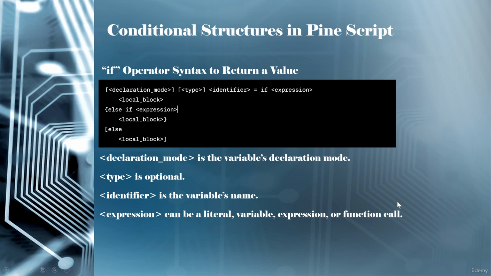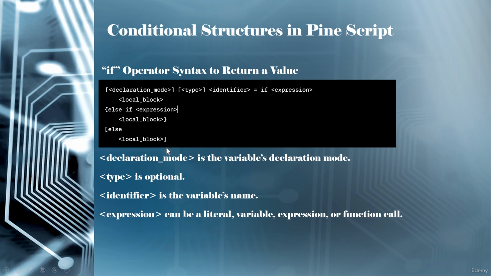Now, let's review the if operator syntax when it returns a value. In this scenario, the syntax is as follows: declaration mode, type, identifier equals if operator, expression, local block, else if, expression, local block, and else, another local block.